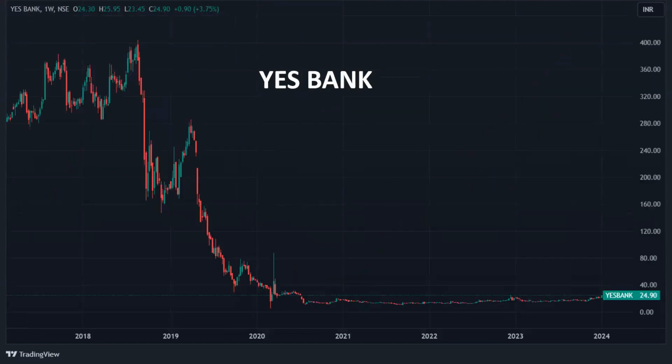You would be asking, Ganesh, whatever you said are always good companies with good reasons. But you may think, Yes Bank. What do you say about that? Yes Bank, any problem with business? No. Promoters, their fraud was exposed. It was a scam that was exposed. In that case, it was falling all the way.